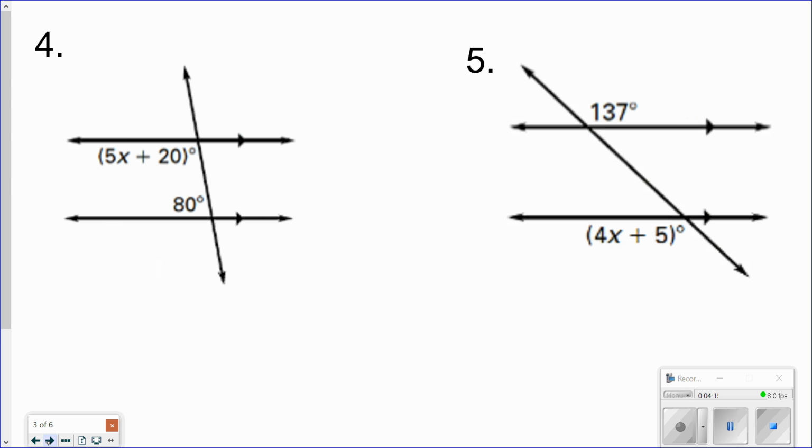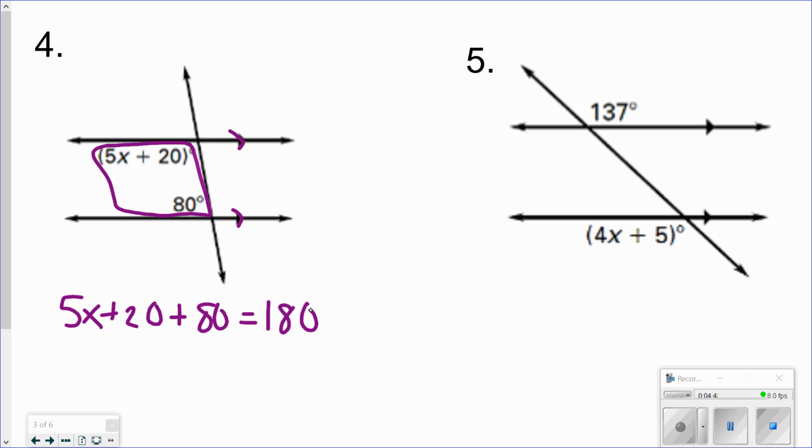All right, our next problem here. So I see that these lines are parallel. So I need to look at my 2 angle pairs here again, and just like the last problem, these are same side interior or consecutive angles, so they add up to 180. These are the only types of angles that add up to 180. So 5x plus 20 plus 80 is equal to 180.